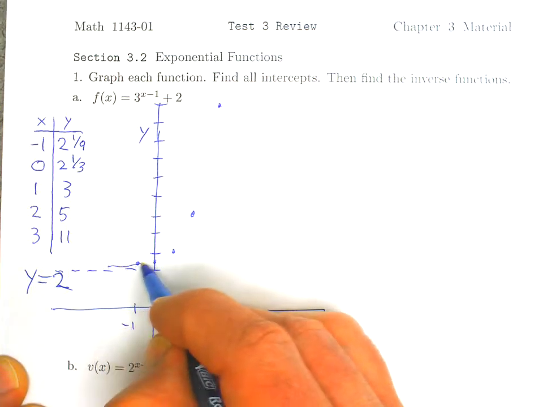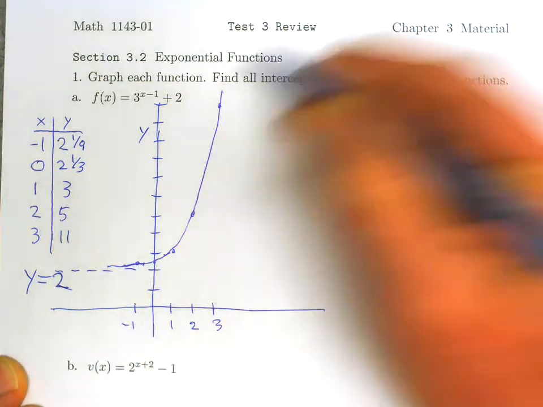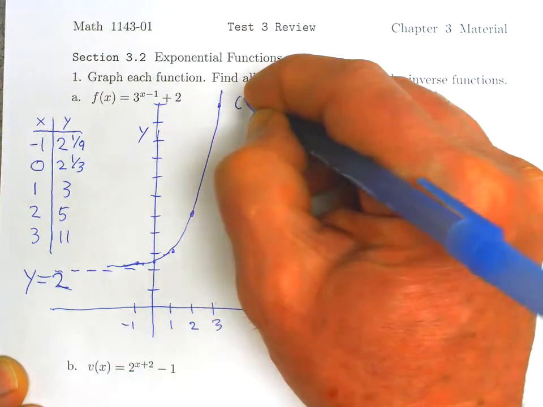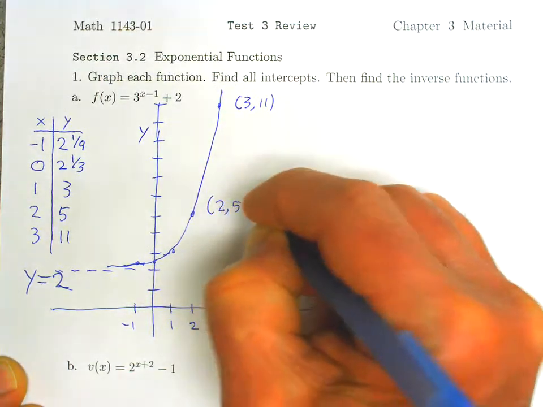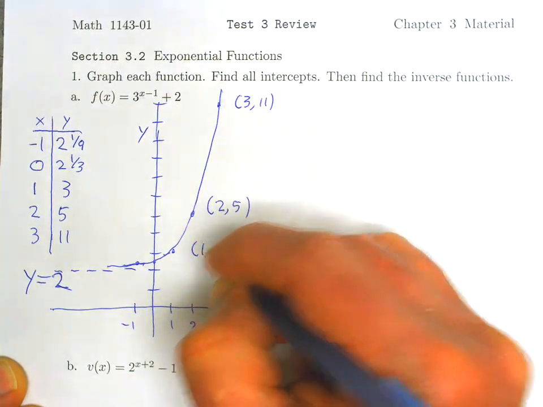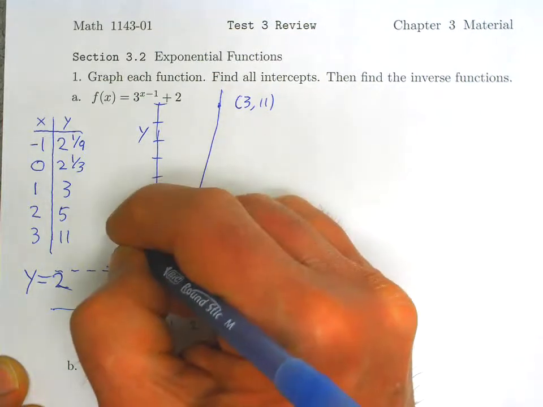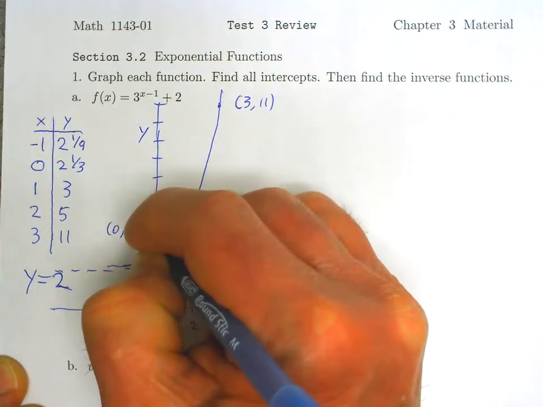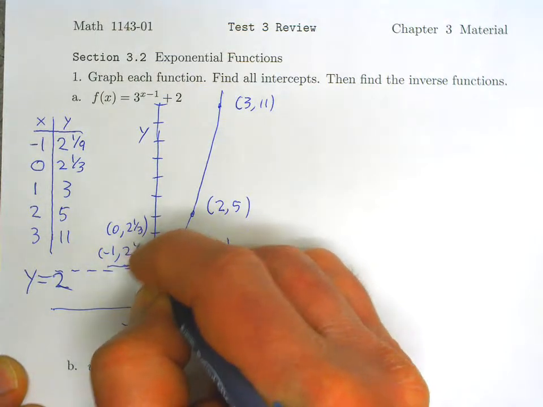So graph, connect the dots. And I guess we should label those points: 3, 11, 2, 5, 1, 3. The y-intercept is 0, 2 1/3. And then -1, 2 1/9.